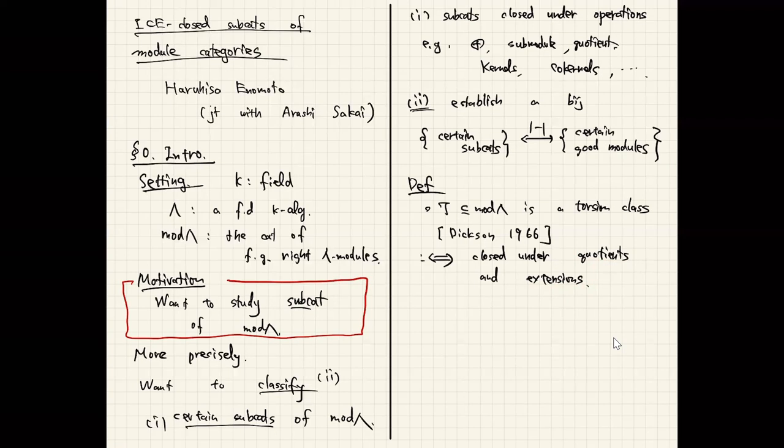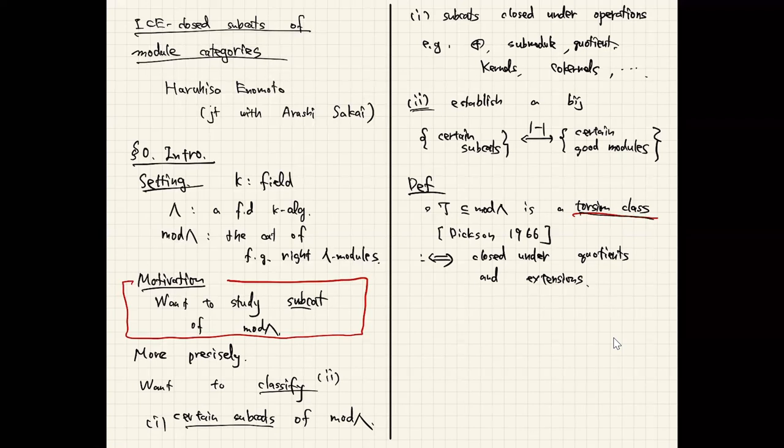There are many results about torsion classes. For example, in quiver representation theory and the theory of tilting modules, the Auslander–Reiten or Brenner–Butler theorem gives a classification of torsion classes.